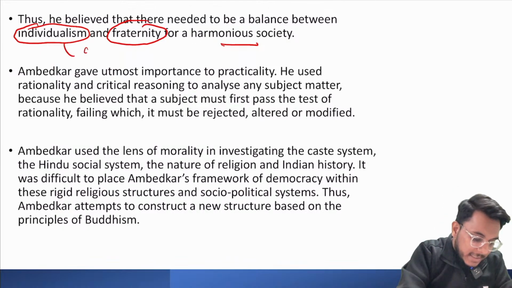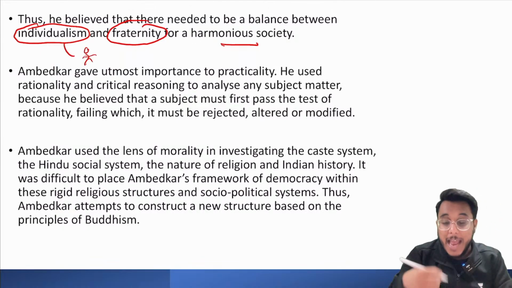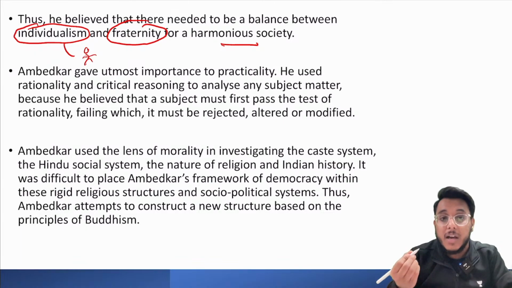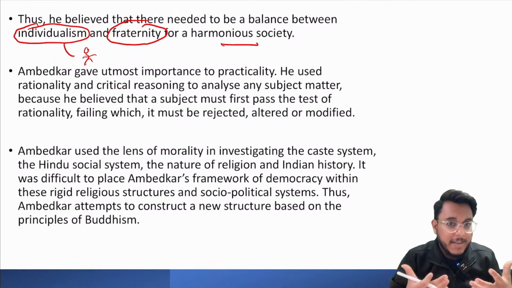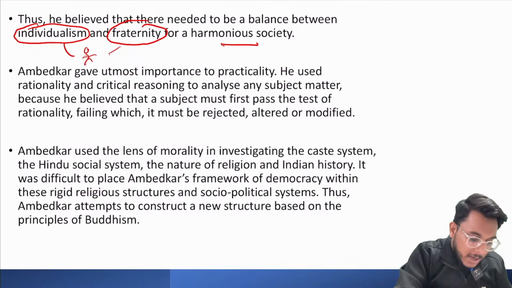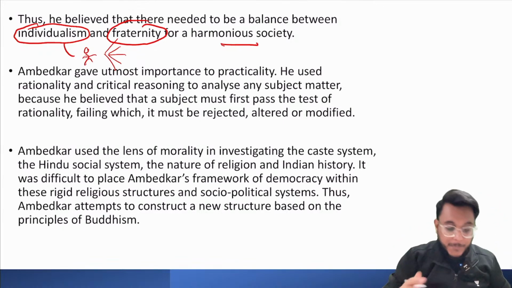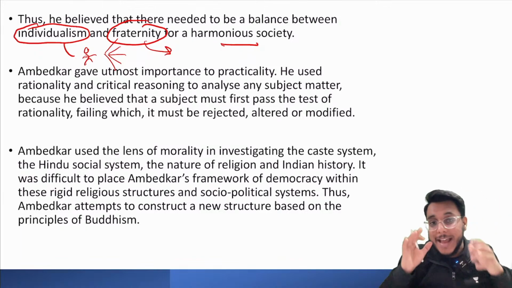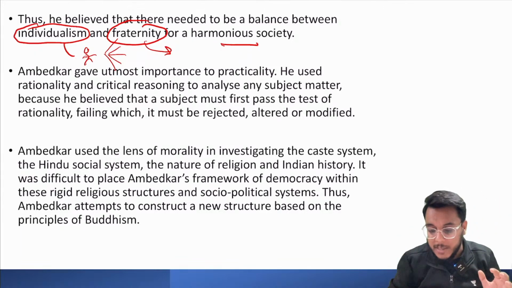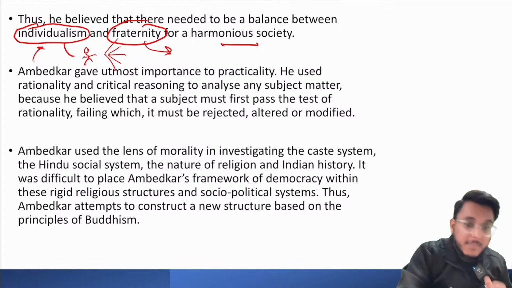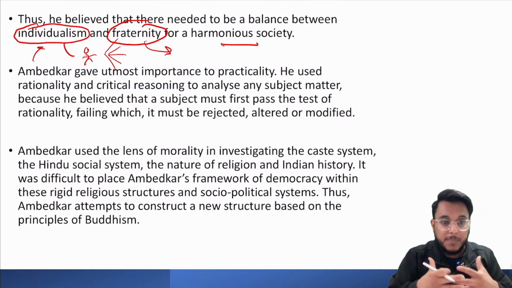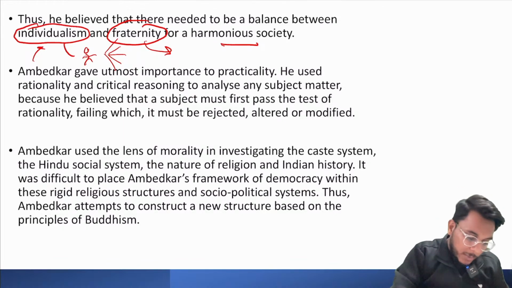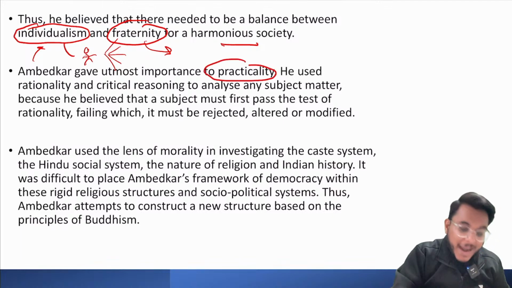Individual means every person is unique, with unique understandings and personality, but at the same time, group living, collective living, and fraternity with each other is also important. Focus on fraternity has always been a core feature of Hinduism, but individualism is a more important feature of Buddhism.